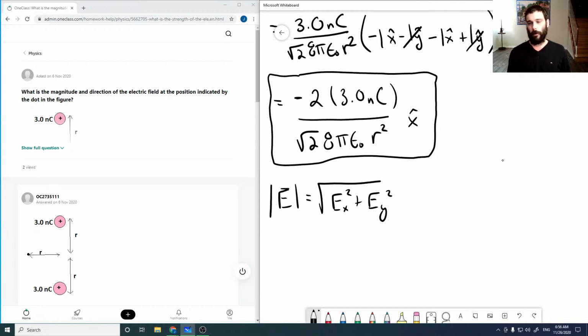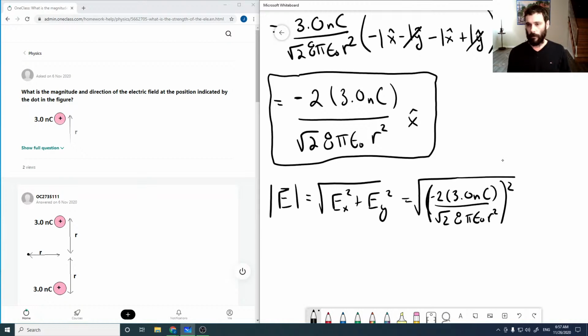There's only an x component, so it's the square root of minus 2 times 3 over root 2, 8 pi epsilon naught r squared. So the square root of something squared will of course give you the same thing back, but when you square it, it's going to get rid of the negative sign. So that's really all that matters. So the magnitude of it is going to be 2.